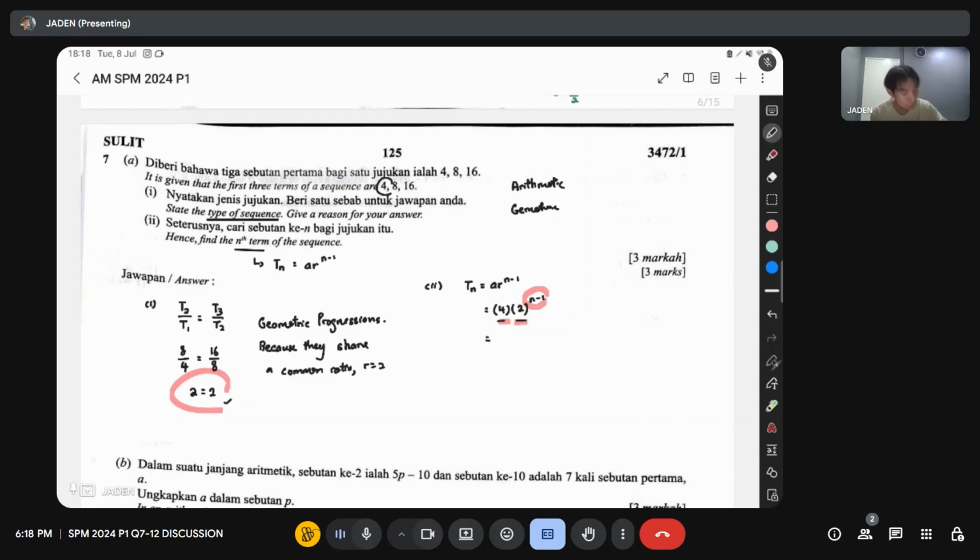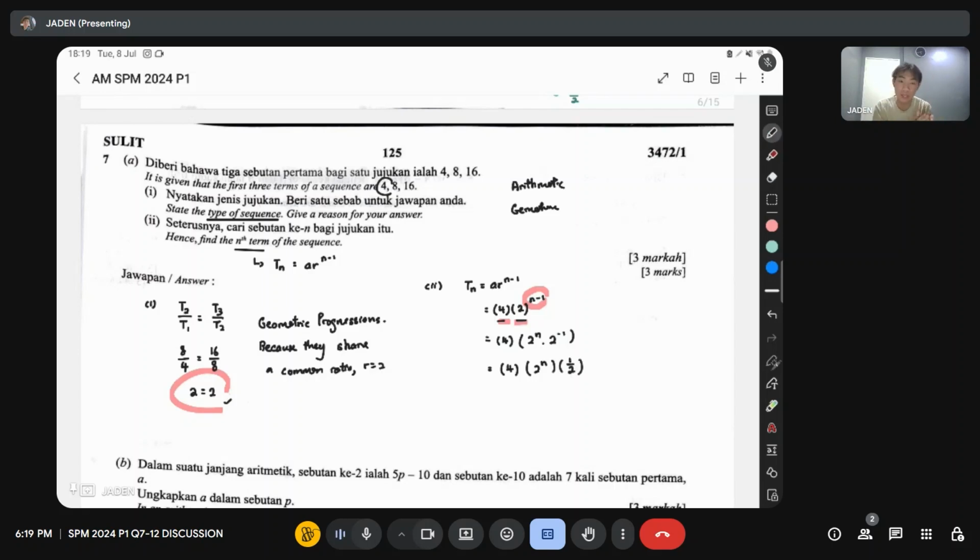Then what can you do? For 2 power n minus 1, if you learned before, we can actually make it into 2 power n multiply 2 power negative 1. So 2 power negative 1 is actually 1 over 2. Now, you can write it this way.